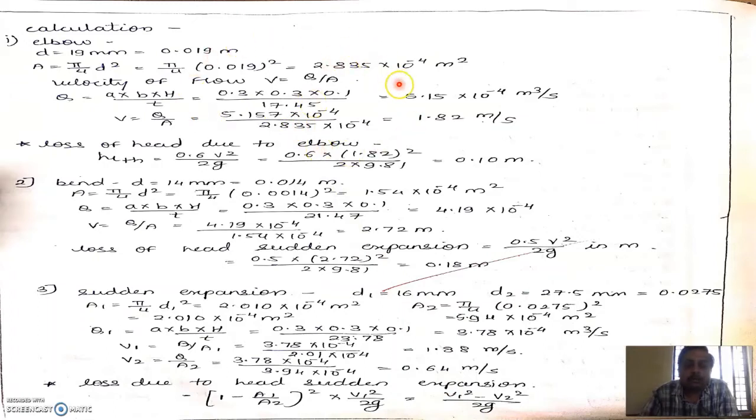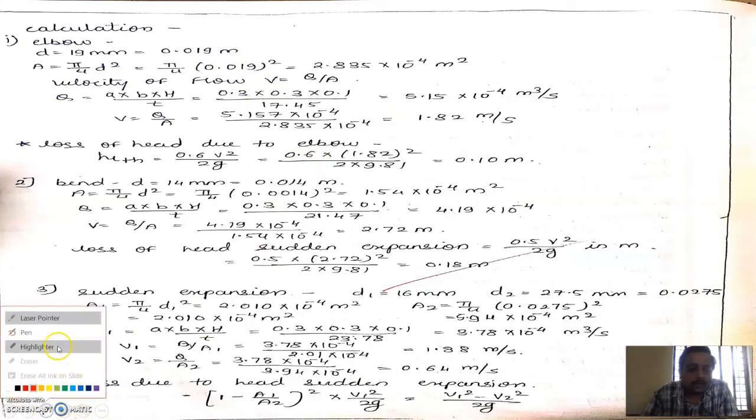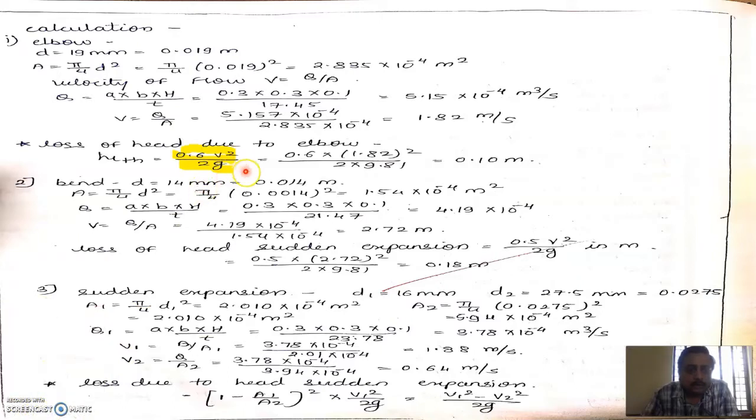Next, what we need to do is calculate. We have a formula, which you can see here: 0.6 into v square by 2g. Here the unknown is v, so we need to find v.